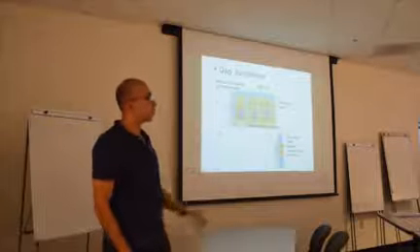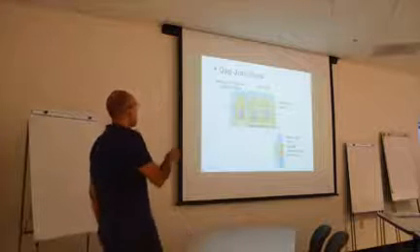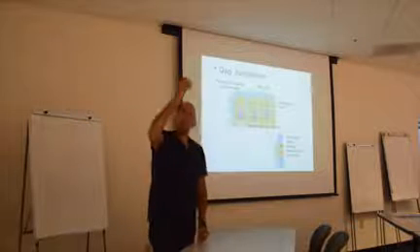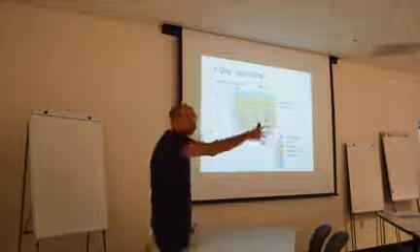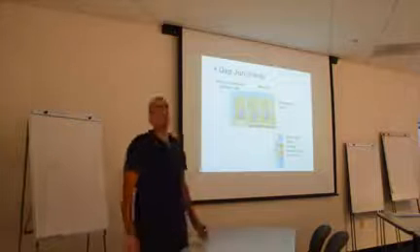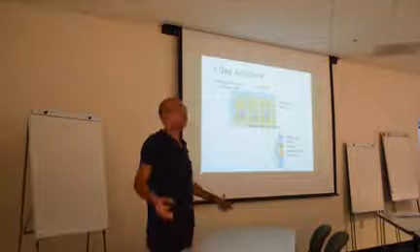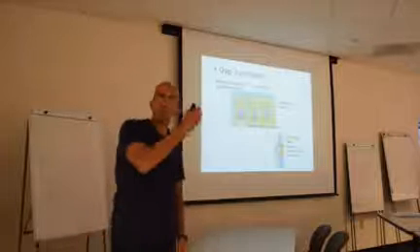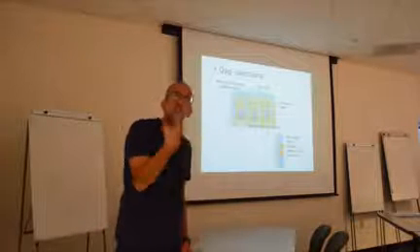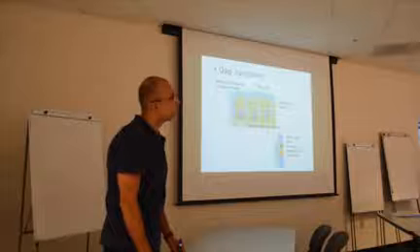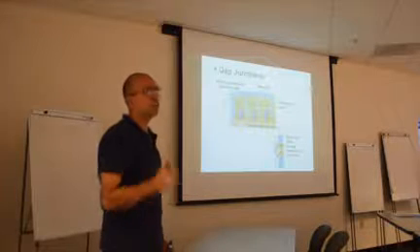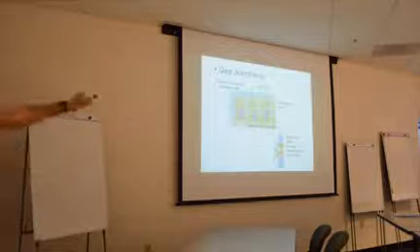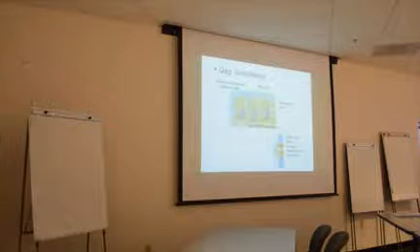Intercalated discs. What are those intercalated discs? Those are my gap junctions. Those are the protein channels between the cells that will allow the conduction of the electrical impulses between the cardiac muscle cells. Again, what kind of junction do you have in your cardiac muscle cells? Gap junctions.